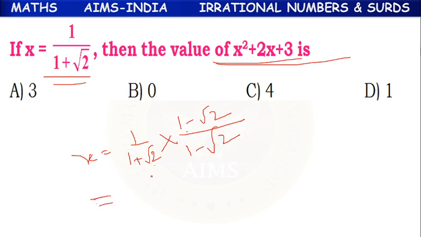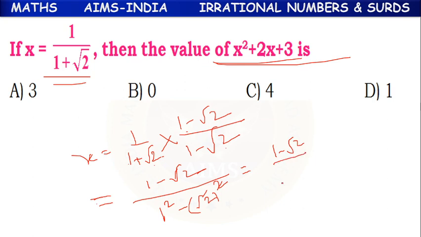Then what happens? Numerator 1 into 1 minus root 2, 1 minus root 2. By a square minus b square, that is 1 square minus root 2 whole square. Root 2 whole square means the square root cancels, 2. 2 minus 1, 1. 1 minus root 2 by minus 1.